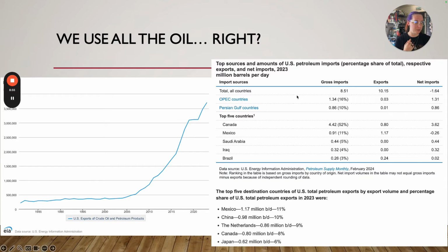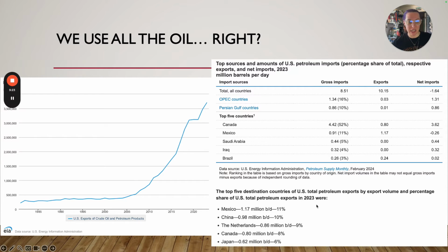So this is an updated graphic for our imports and exports for 2023. And what we can see here is that to all countries, we've actually exported more oil and petroleum than we have imported. So it's a net negative. So we're exporting more than we are taking in.